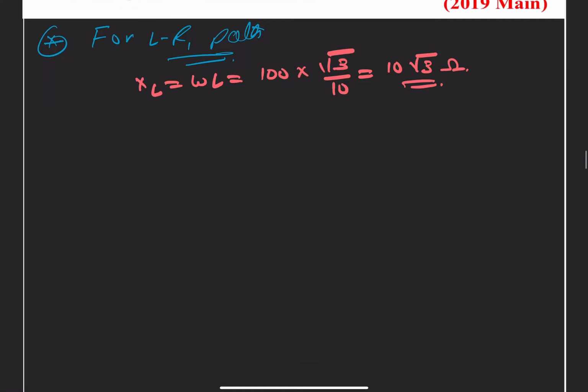Now we can find the impedance. Let us call it Z1, which will be equal to R1 plus jXL. Substituting the values, we get 10 plus j 10√3.